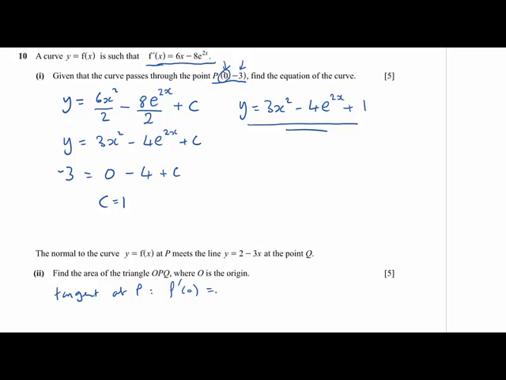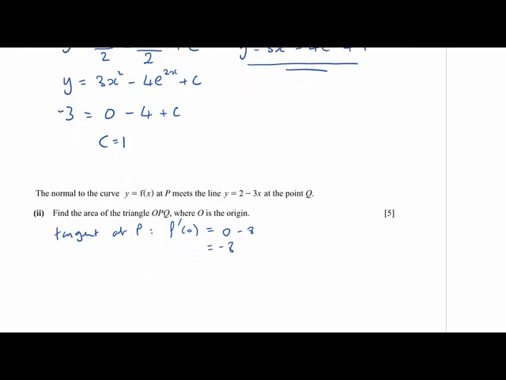So f dashed of 0 is going to be 6 times 0, which is 0, take away 8. So that's going to be negative 8. So therefore the gradient for the normal would be 1/8. Remember, tangent and normal are perpendicular, and therefore their gradients multiply together to give us negative 1.